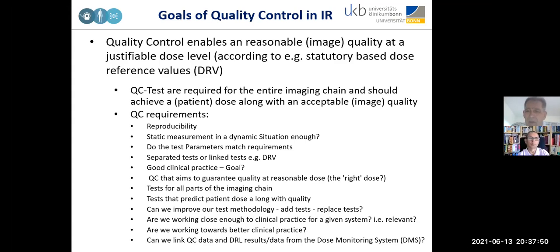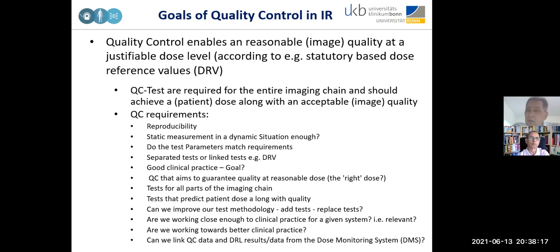And the second thing you have to think about is, is a static measurement enough to match a dynamic situation? This question will follow us the entire talk. We still have to consider whether static conditions cover a dynamic situation, what we do in interventional radiology.